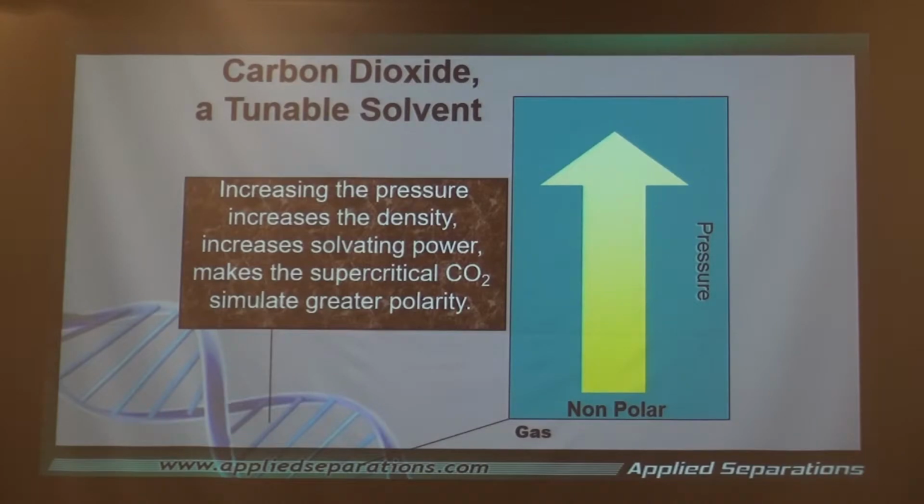So we can go from a non-polar kind of condition all the way to a more and more polar. Now, I don't mean to say at all that you're going to make CO2 behave like methanol. That is not the case. I just merely put this in as a relative scale to show you that as you increase the density, you increase the solvating power.